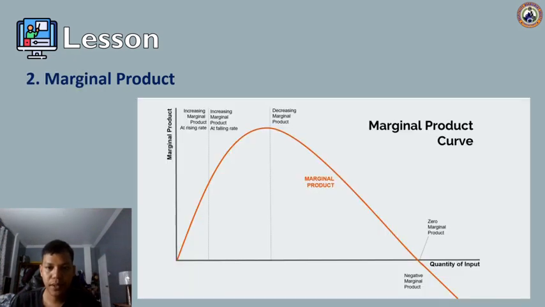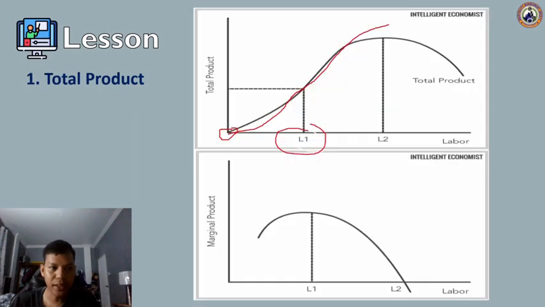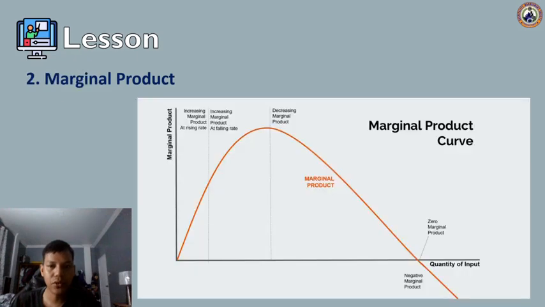Now let's proceed to the marginal product. Again, the definition of the marginal product is the additional output produced by an additional unit of the input, and is equal to change in total product over change in input. It means that if we add inputs, there is also additional output produced.